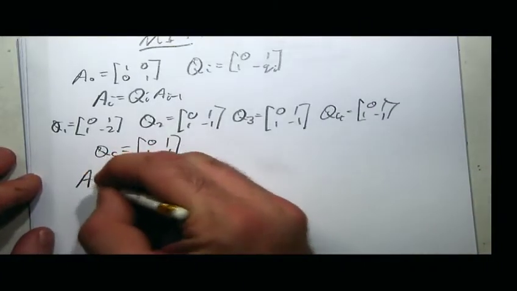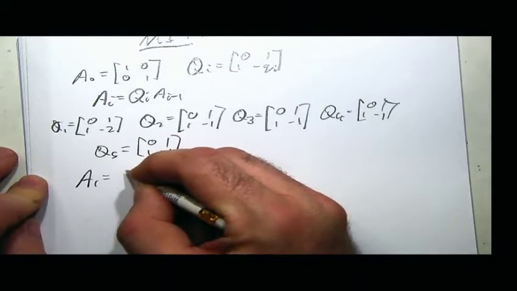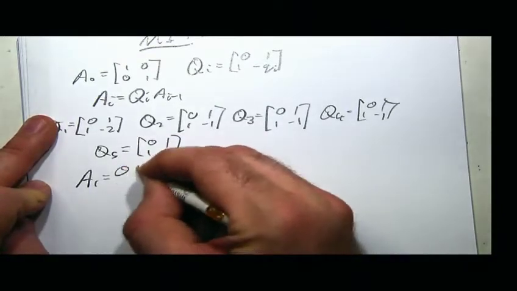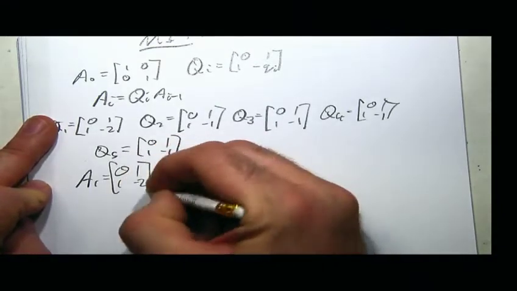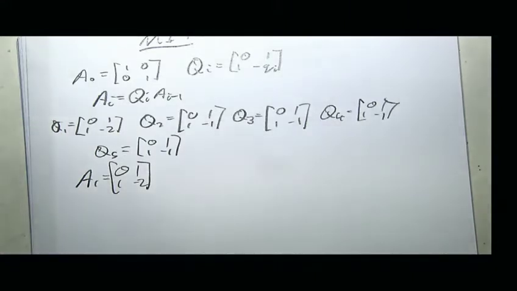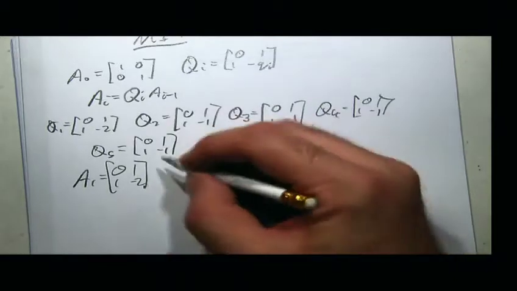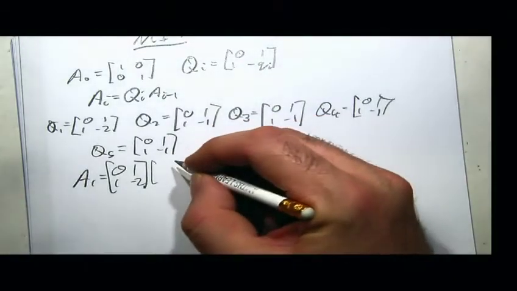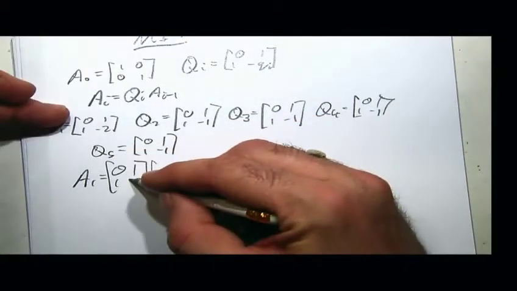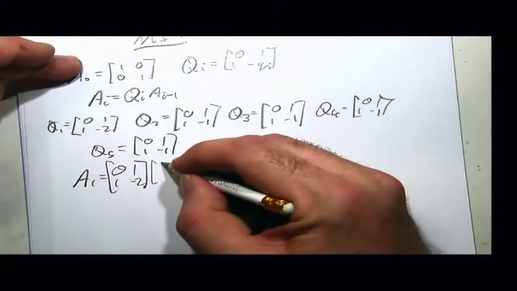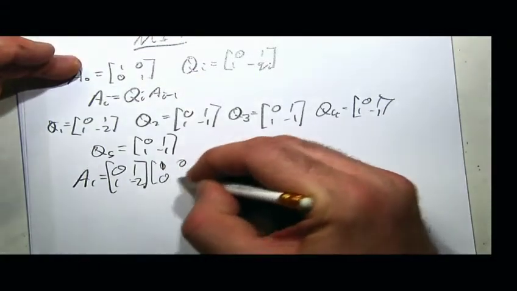But I'm going to go A1 is equal to Q1, 0, 1, 1 minus 2, times Q1 A naught, 1, 0, 0, 1.